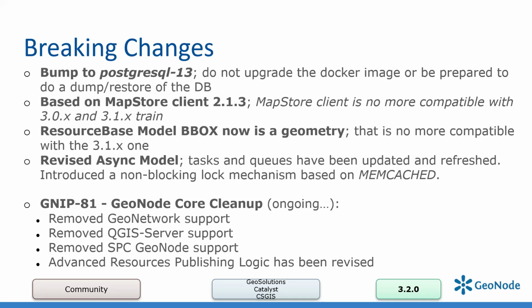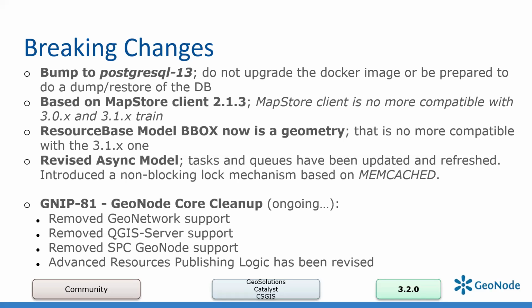This allows us to create correct spatial filters against the resource base stored in GeoNode. But on the other side, this is a breaking change of the base model. In theory, the migration should fix this automatically. In any case, we improved the management command in order to allow you to fix all the geometries automatically. I will speak a bit about this later on.